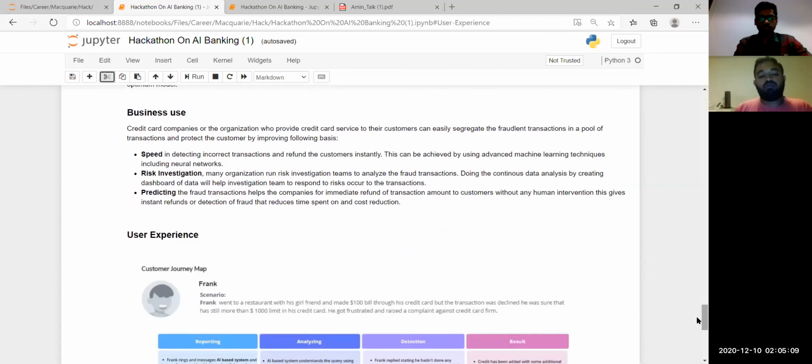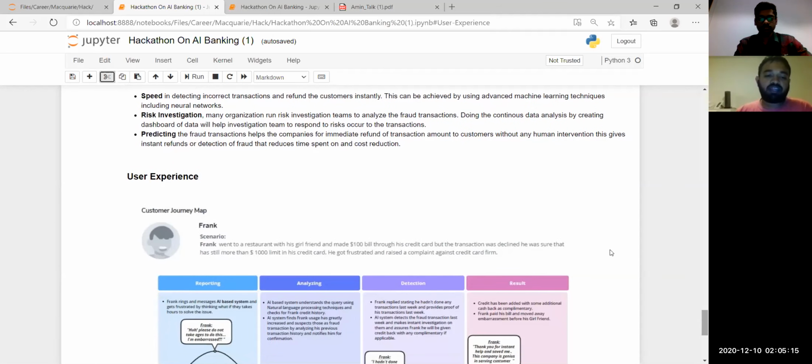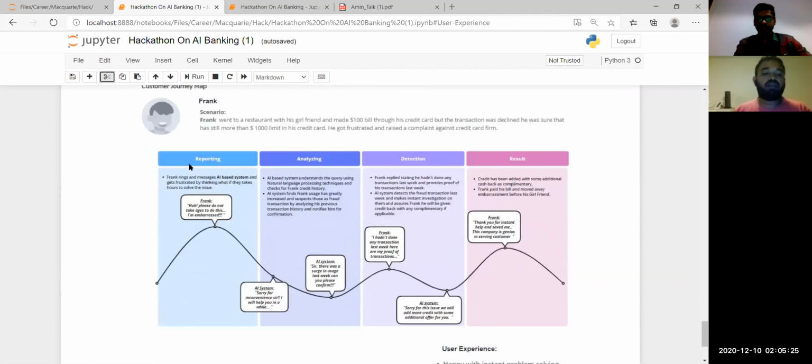To explain this business use more deeply, we made a user experience chart. In this chart, there was the scenario of Frank. He went to a restaurant and made a $100 bill, but the transaction was declined. As soon as it was declined, he got embarrassed and made a complaint to the bank.